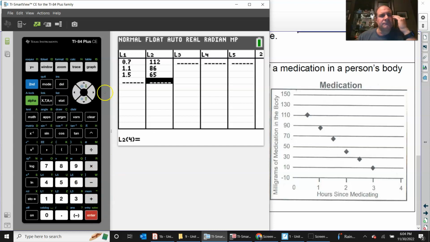Enter. All right, we're getting there. This is 2, and right in the middle is 40. This is 2.5, and 28.